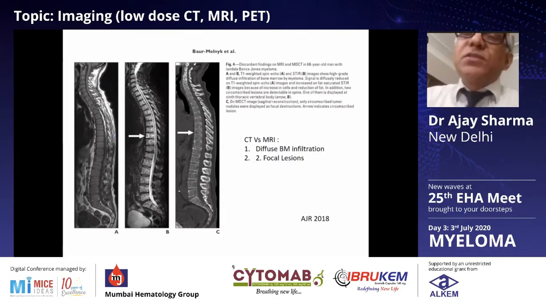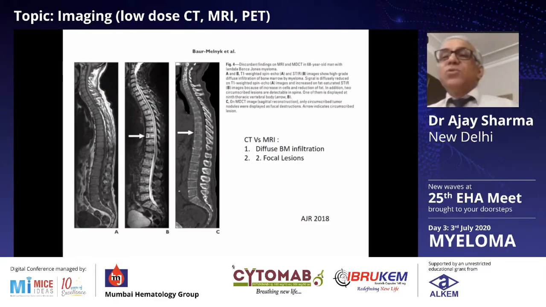You can also see in this B panel a localized lesion, while in the C panel, which is the CT scan, there are only non-specific changes in the whole spine, though it can pick up the localized lesions to some extent. So there is an advantage of the MRI over the CT scan.